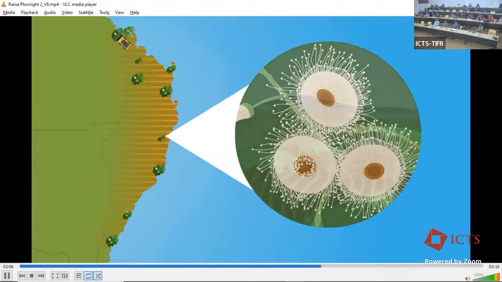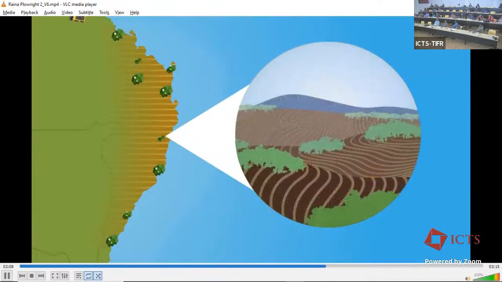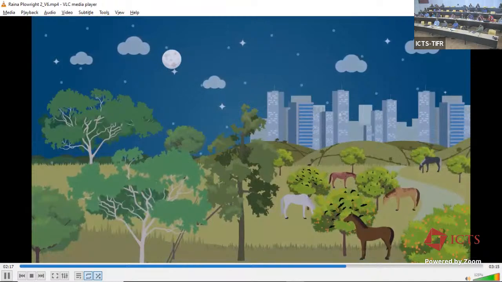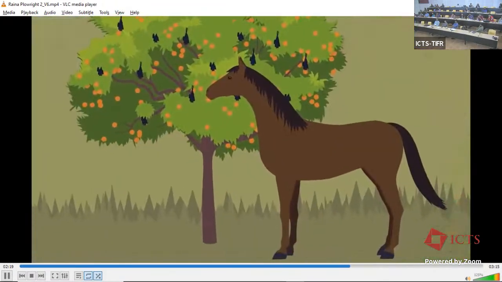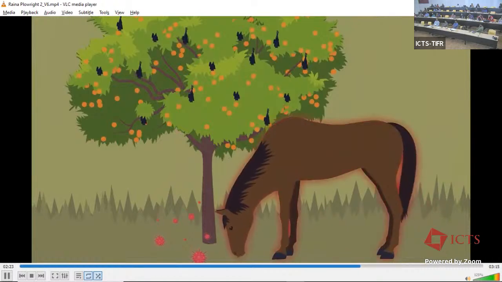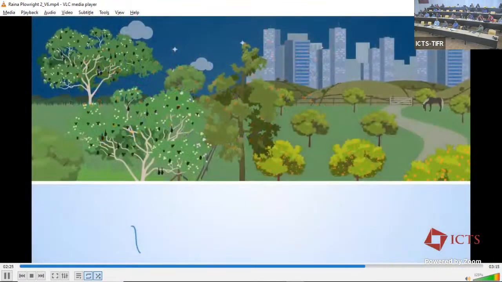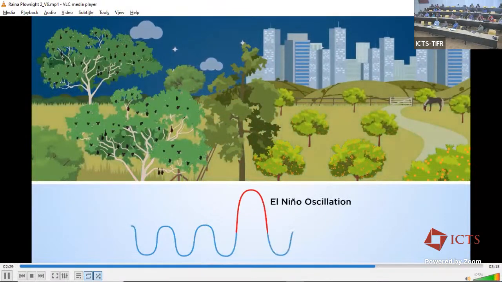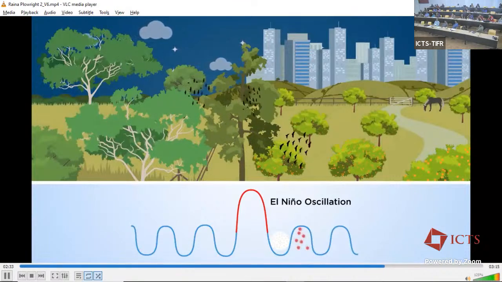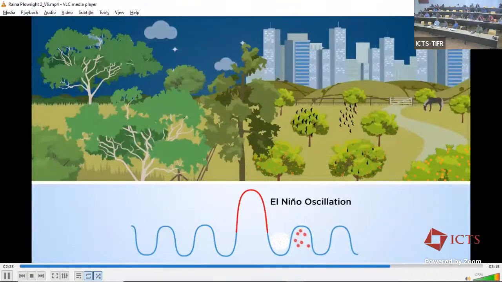As a result, there are fewer big blossom events that bats can migrate to, which would have drawn them away from human areas. When their food supply is affected, the bats in human areas are stressed and hungry and start to excrete viruses in proximity to horses, who then die of the virus. We can predict these spillovers. Every strong El Niño year is followed by a food shortage for bats, and the food shortage is followed by a cluster of Hendra virus spillovers.